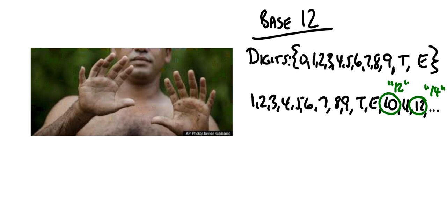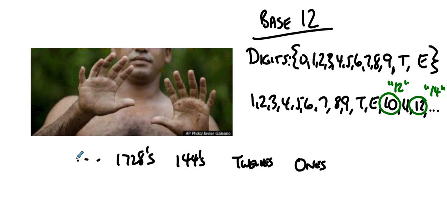What are the place values in base 12? Well, there's the ones place, and the 12s place, and the 144s place, and the 1728s place, and so on, because the place values are powers of 12.